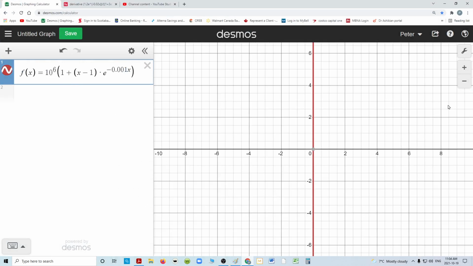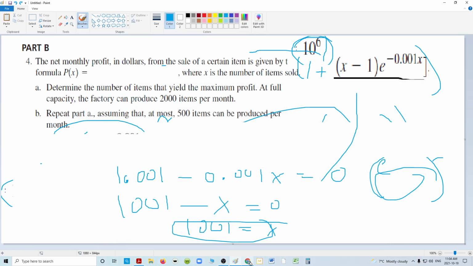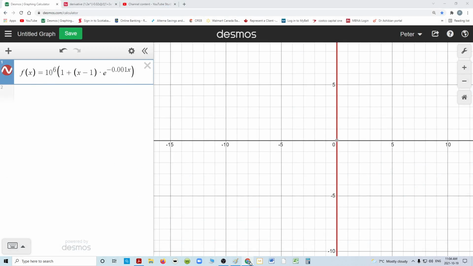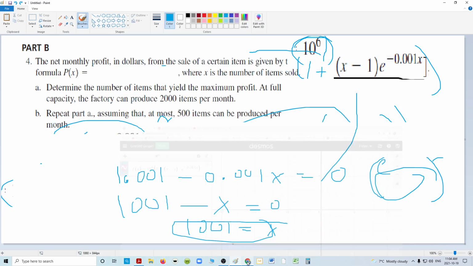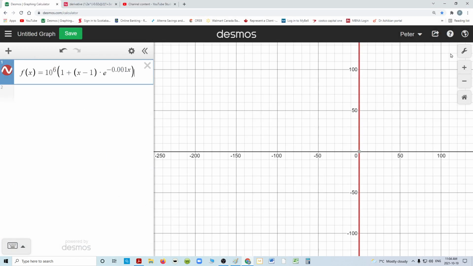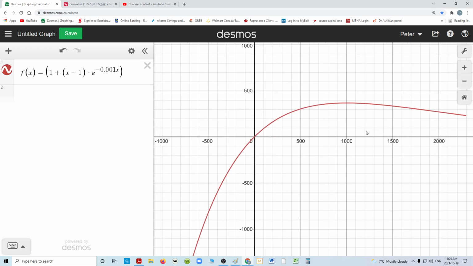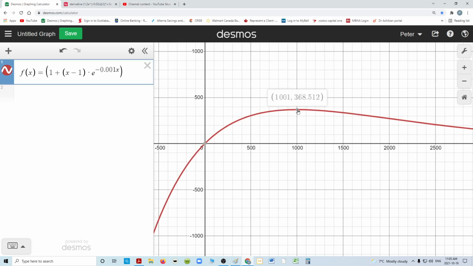Because we're dealing in the 10 to the 6s, let's just get rid of that and then multiply it by that after. So yeah, there's my x value that I wanted.